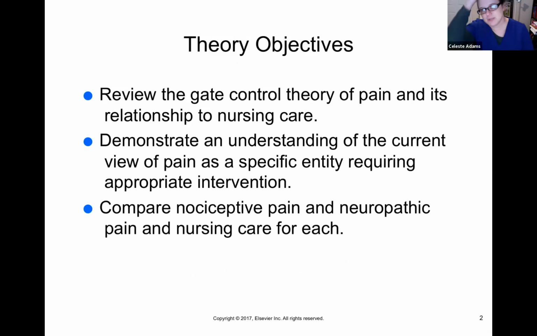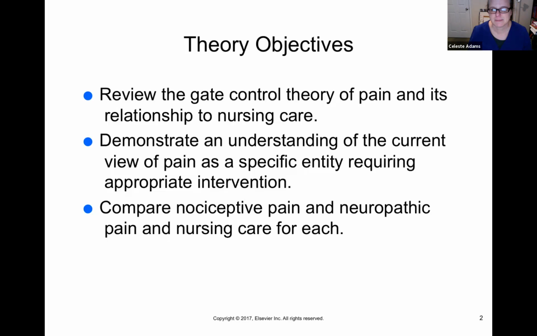So some theory objectives here. We're going to review the gate control theory of pain and its relationship to nursing care. Why do we care about the gate control theory? Because it's going to help us decide what our care is going to be for these patients. We're going to demonstrate an understanding of the current view of pain as a specific entity requiring appropriate intervention.